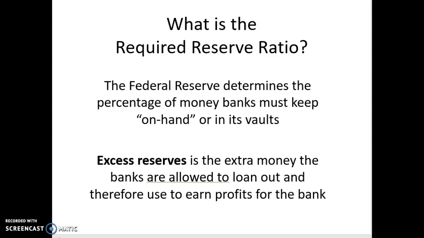Excess reserves is the extra money that banks are allowed to loan out, and therefore they use that extra reserve money to earn a profit. So banks are a business. The Federal Reserve, which is also called the central bank, the bankers' bank, the Fed, is in charge of the banking system. So they oversee and regulate local banks.